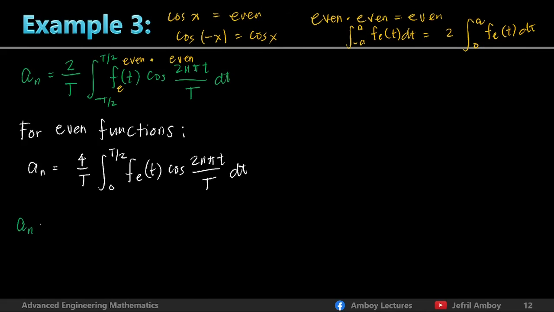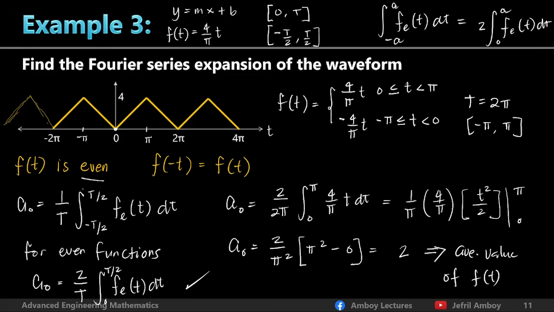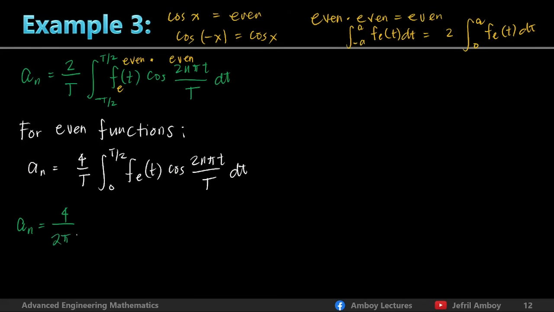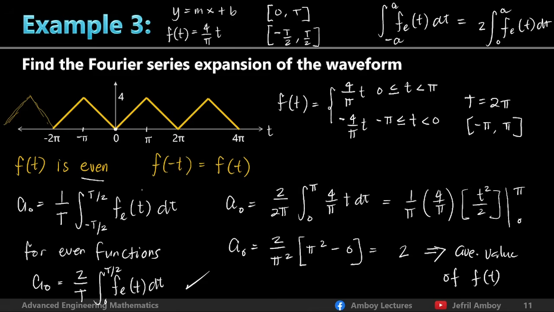Now, let us substitute. An is equal to 4 over, what is the period? Kanina, ang period ay na-determine na natin. 2 pi siya, di ba? So, 4 over 2 pi times the integral from 0 to, ano ang kalahati ng period? 0 to pi na siya. And then, ano yung given function? Ang given function from 0 to pi, di ba ito yon?